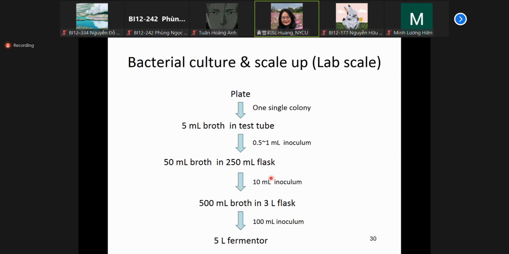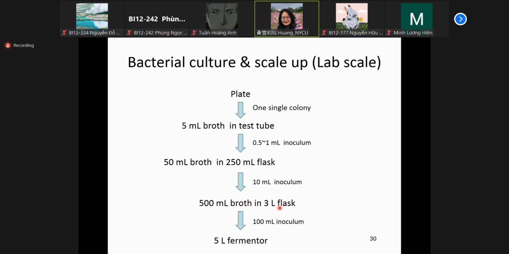For the following scale up, for example, if we transfer further into 500 ml broth, we will again use a 1:50 ratio for the inoculant. So the next scale in our lab is a 3 liter flask containing 500 ml broth, so it's about a 1:6 volume ratio.